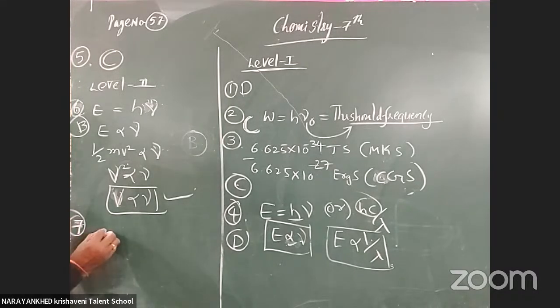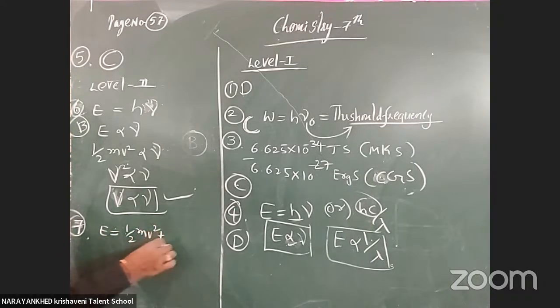One second. Here, as our photoelectric effect says, E equals half mv square plus work function. Got it or not? Here the energy is also written as h nu equal to half mv square.